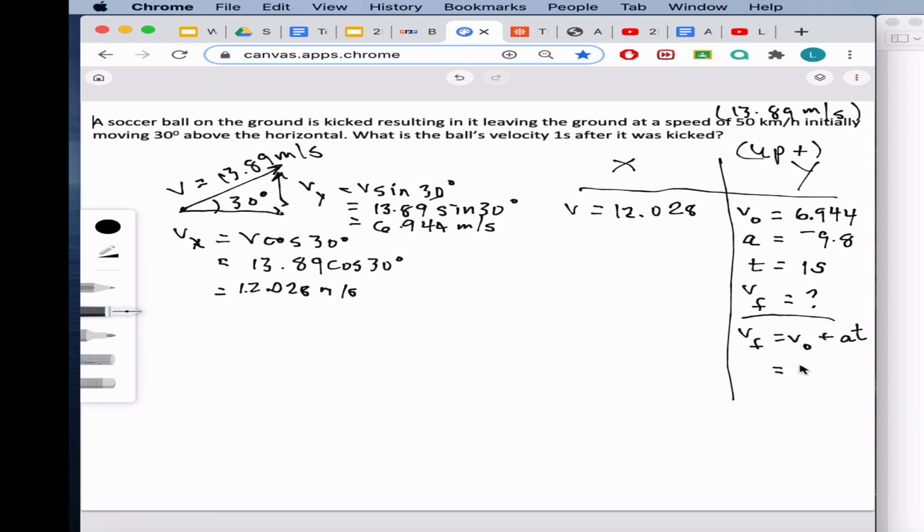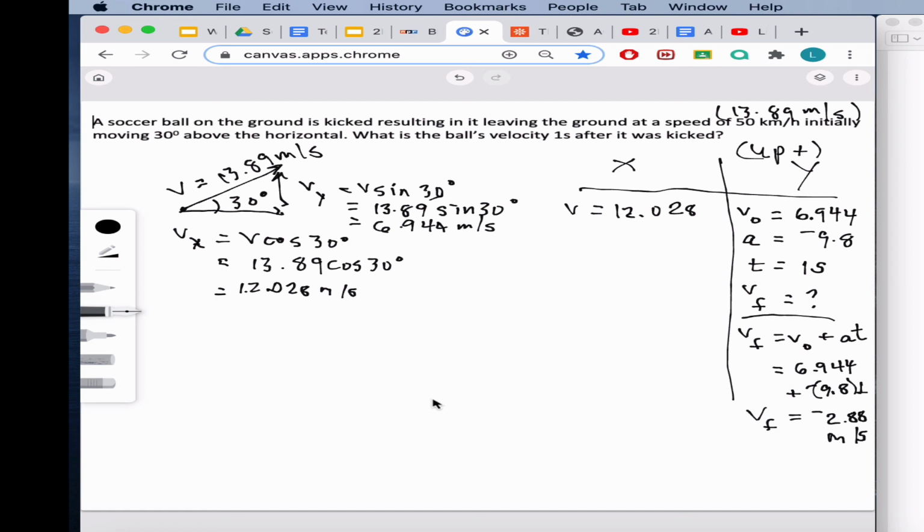We substitute in our values for vertical velocity and acceleration and time, and we get a vertical velocity equal to negative 2.855 meters per second. So that negative is significant. It means that since we defined up as positive, this ball is on its way down after 1 second.